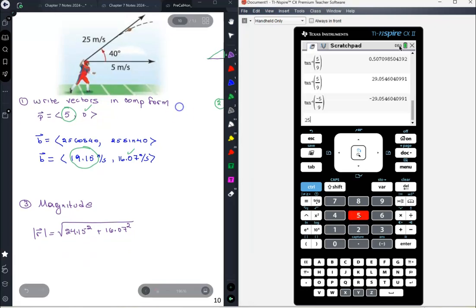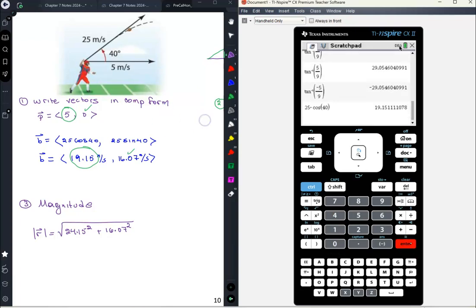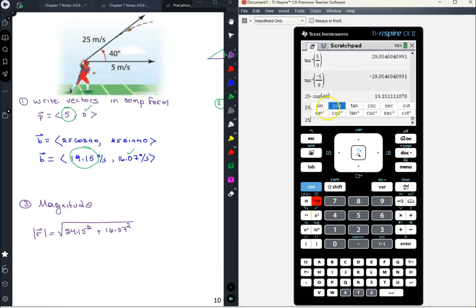So in the first case, we had 25 cosine 40. Okay. I pressed, okay, I got the answer. Now, second variable or control variable, I'm going to store this as A. Cool? Now let's do 25 sine 40.